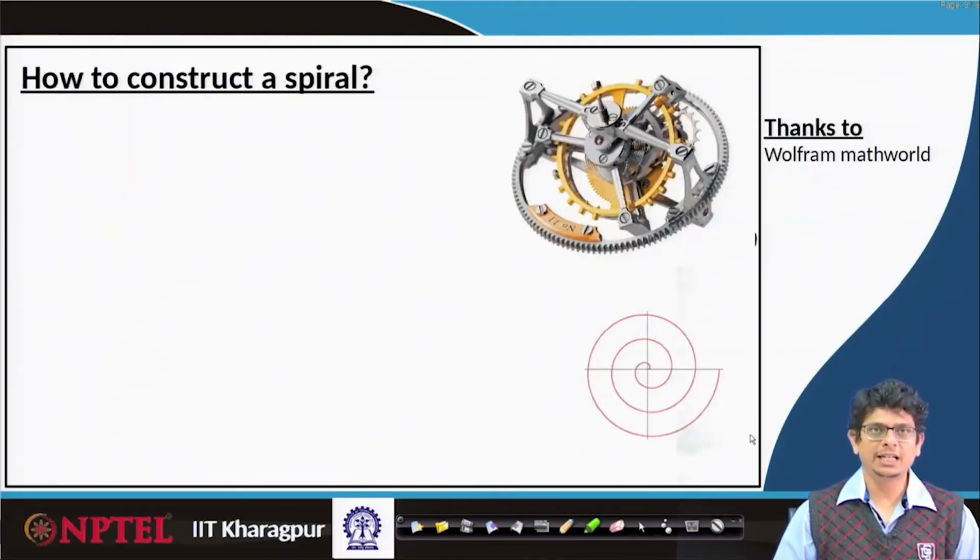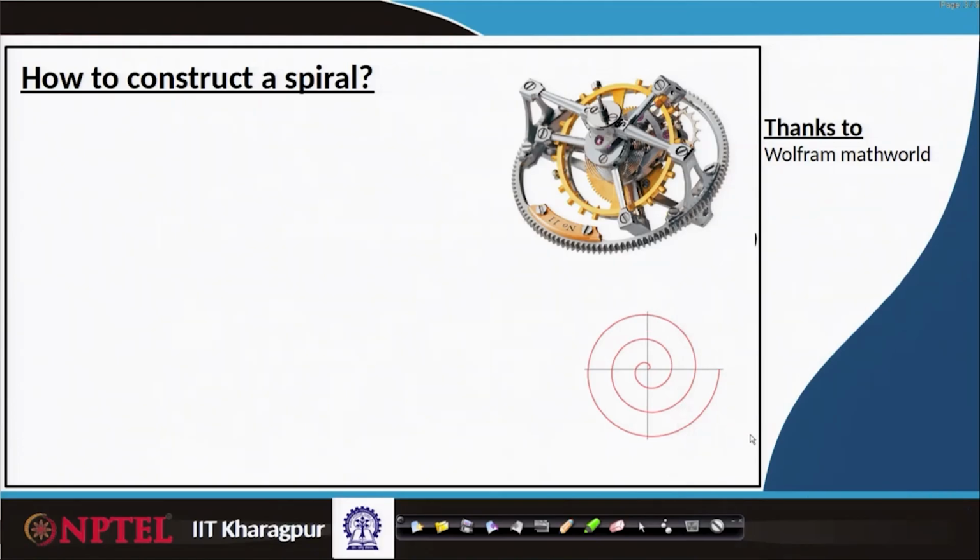So, where do we see a spiral? For example, in gear mechanisms like a watch, to have synchronized motion we have a spring. The spring is wound into a spiral shape, and there are many torque restoring kinds of mechanisms.